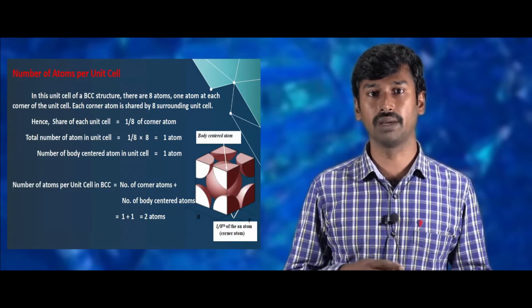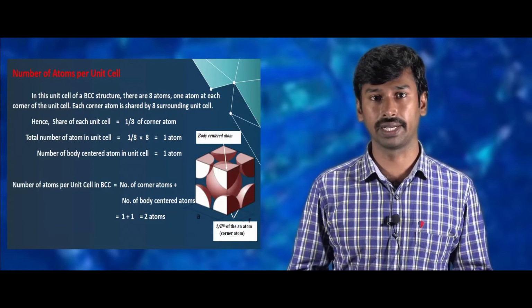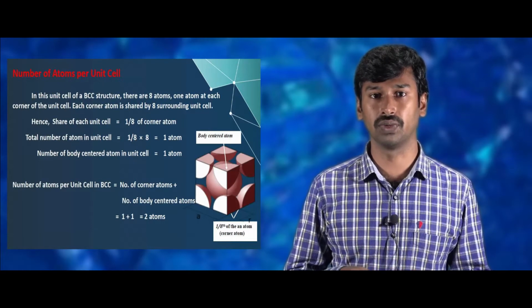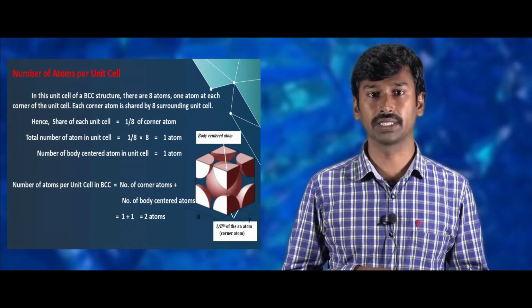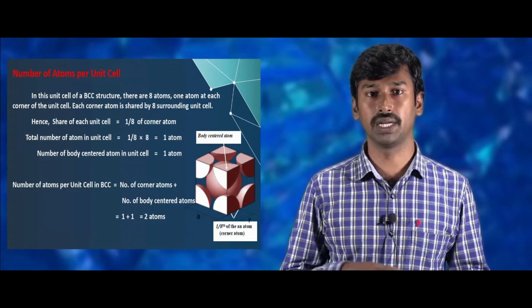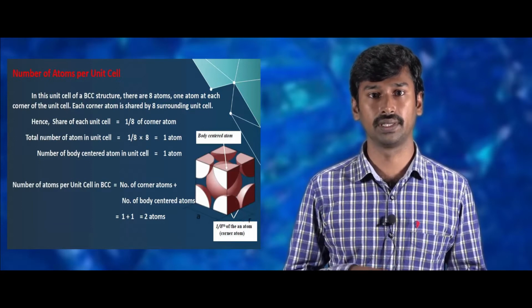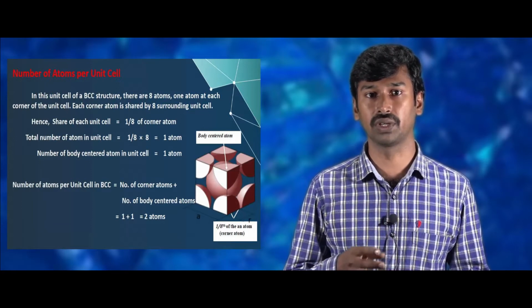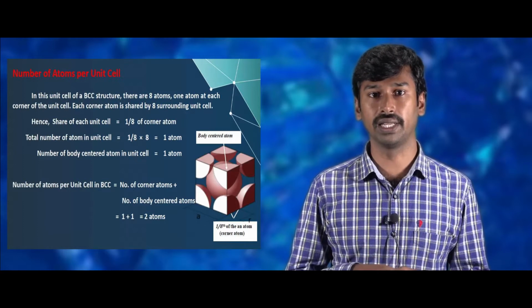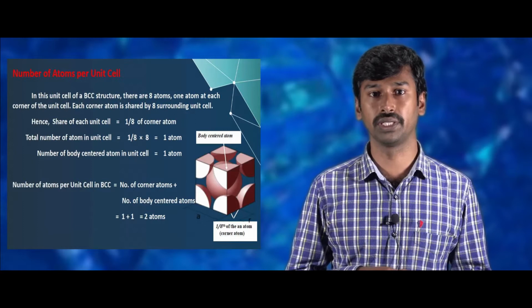Hence, the total number of atoms per unit cell is the number of corner atoms plus the number of body center atoms, that is 1 + 1 = 2 atoms. The figure explains the number of atoms present in the unit cell. The body center atom is completely enclosed inside the unit cell and is not shared by any surrounding unit cell, whereas the corner atoms are shared by 8 surrounding unit cells.